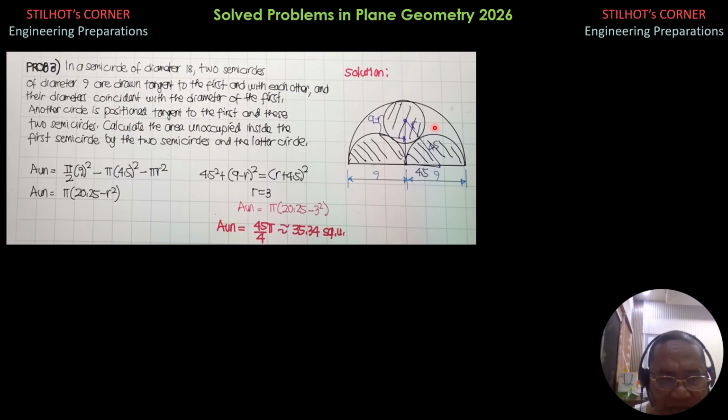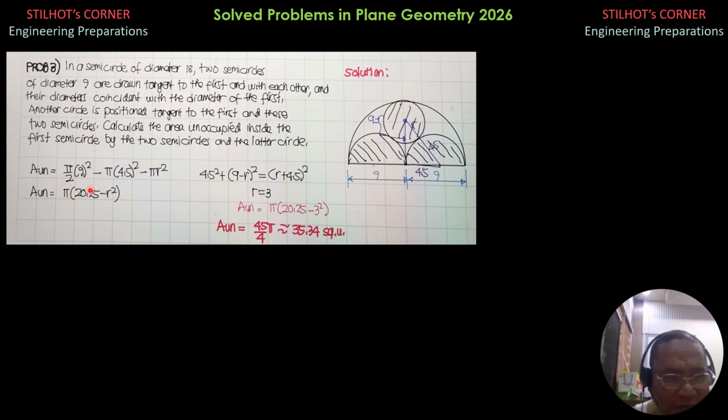So this unshaded area here, we analyze that unshaded area as area of the semicircle of radius 9 minus the area of these two semicircles. Two semicircles is one circle of radius 4.5 and minus the area of this circle of radius we do not know yet, r. So let's set up the unshaded area.